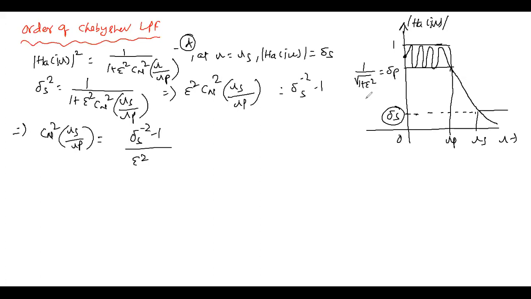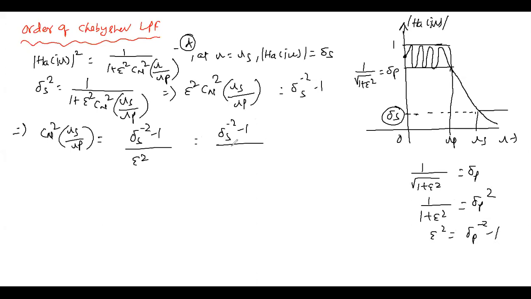Then what is epsilon square? Can someone tell me what is epsilon square? 1 by root over 1 plus epsilon square equals del p, or 1 by 1 plus epsilon square equals del p square. Then what is epsilon square? Del p to the power minus 2 minus 1. It is del s to the power minus 2 minus 1 divided by del p to the power minus 2 minus 1. Okay. Then what is C_n?